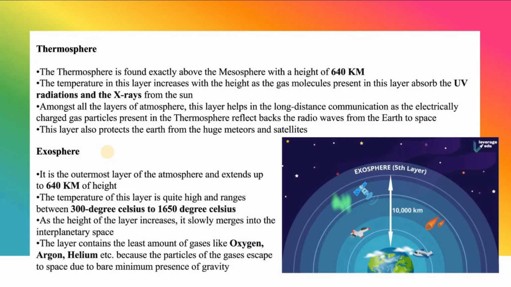As the height of this layer increases, it slowly merges into interplanetary space. The layer contains the least amount of gases like oxygen, argon, helium, etc., because the particles of the gases escape to space due to the bare minimum presence of gravity. This is the final, fifth layer, at a distance of about 10,000 kilometers from Earth.